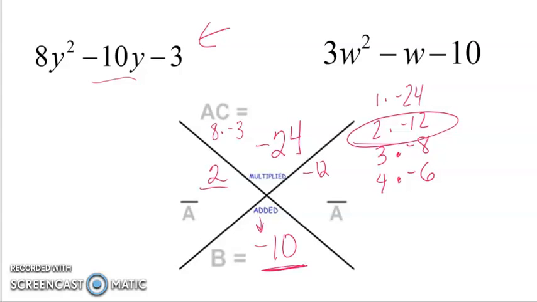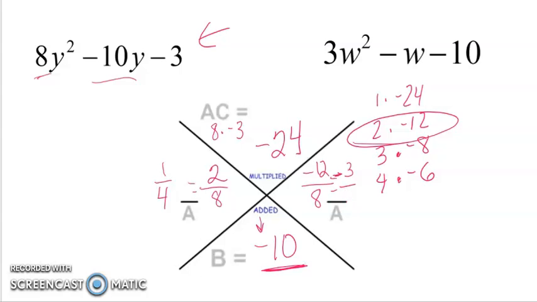Now remember, we got to divide by the a term, and our a term was an 8. Okay, let's reduce the fractions. We got 1 over 4 for this one, and negative 3 over 4 for this one. These are divisible by 2. These are divisible by 4.